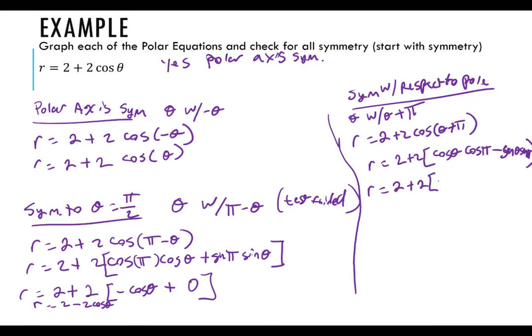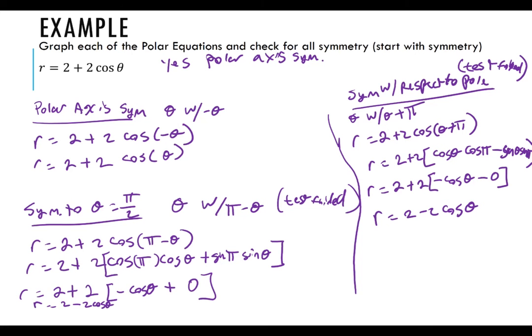Cosine of pi is negative 1, so that's negative cosine of theta. Sine of pi is again 0, so that's minus 0, but once again we now have r is equal to 2 minus 2 cosine theta. So this test failed, but that doesn't tell us that that symmetry doesn't exist, it just says that we can't guarantee that it does. Okay, but we do have polar axis symmetry.